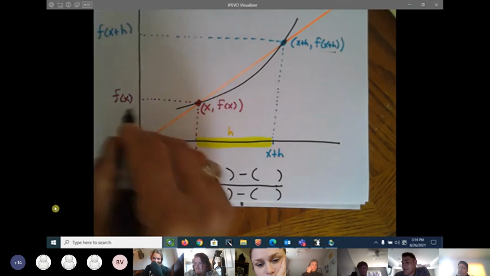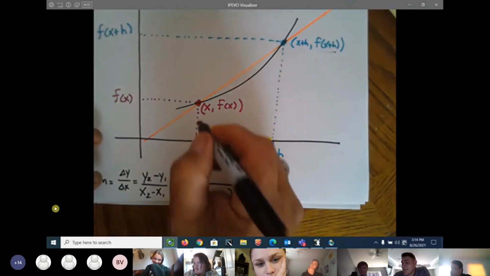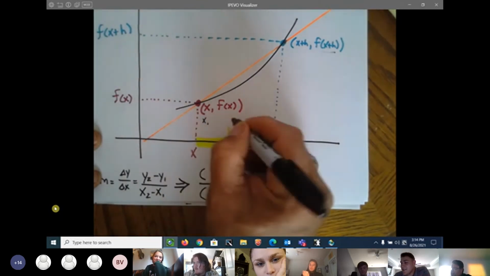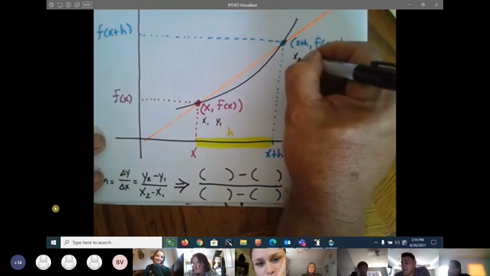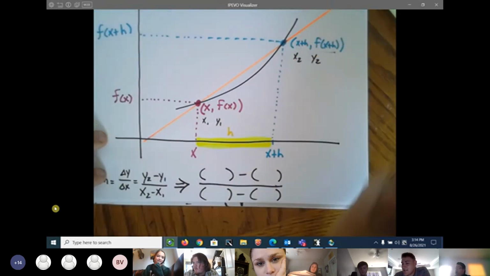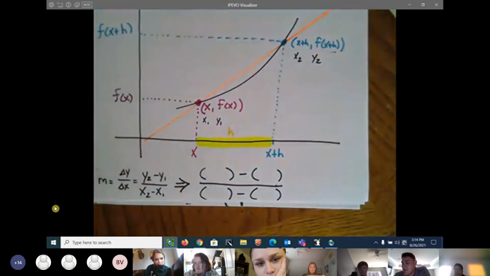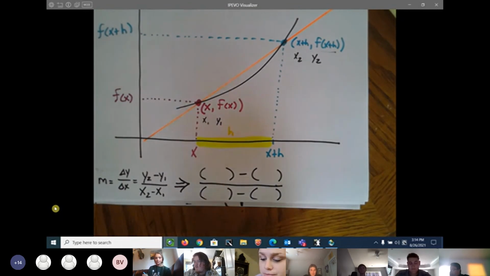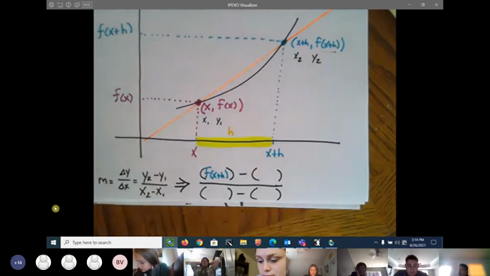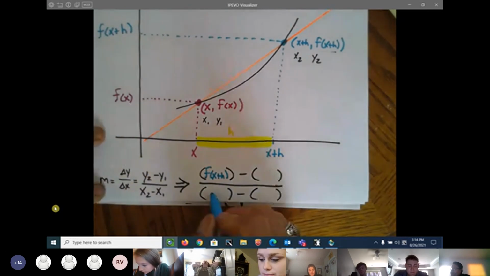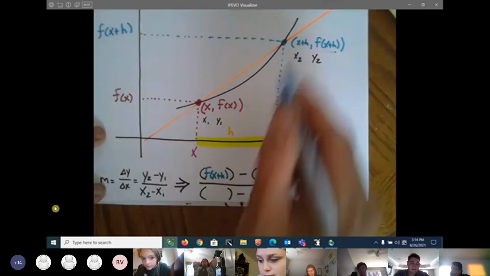All right, so which way do we read? Left to right. So this is x sub 1, y sub 1. This is x sub 2, y sub 2. Plug and chug. I'm going to take my blue pen, and I'm going to plug in f of x plus h. And down here, I'm going to plug in x plus h.